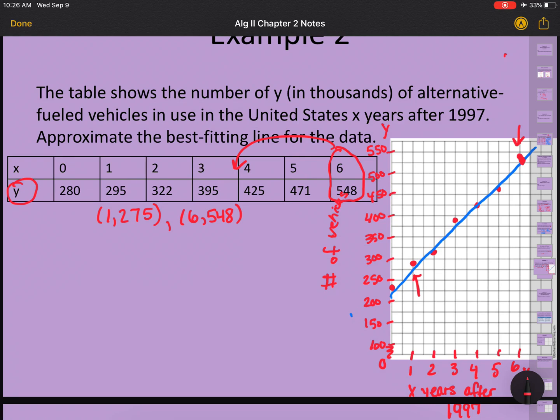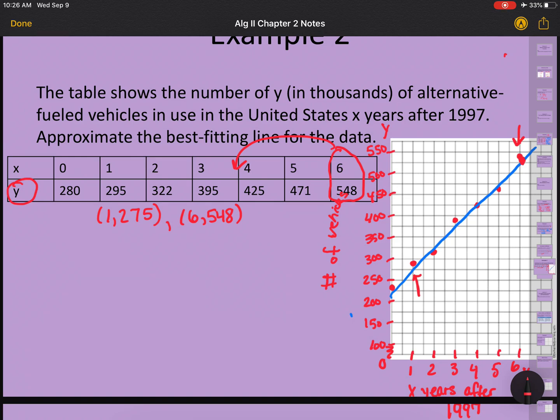I'm using 1, 275 because it looks like where it's crossing my best fitting line, but really in my table I had 295 as the Y value. So they may or may not be exactly what you used in your table. That's good because we're trying to approximate, to get the best fitting line, not an exact one. This is why somebody next to you might not have the same points that you're using.